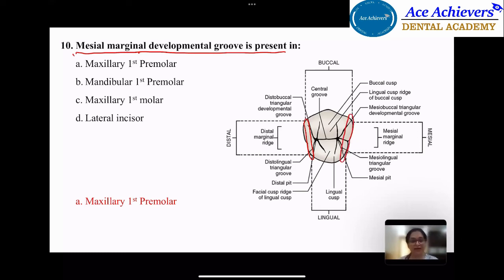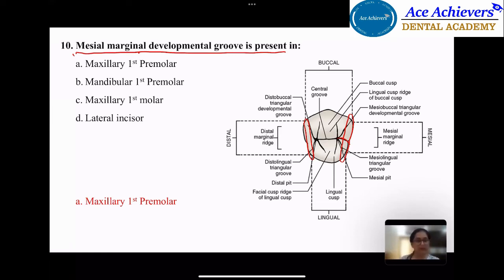Ridges are elevations, and over that mesial marginal ridge you can see a line passing, meaning the line is cutting the ridge. That line is basically a groove, known as the mesial marginal developmental groove because it is crossing the mesial marginal ridge. I hope it is clear to you all.